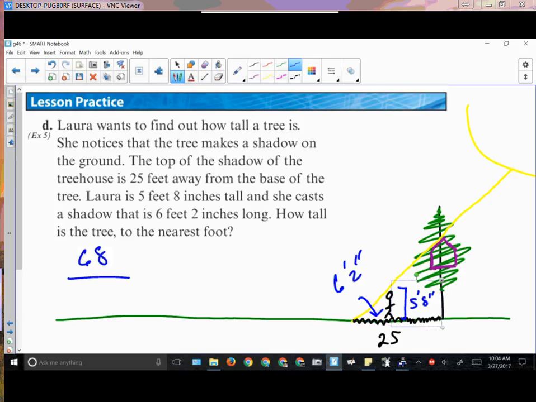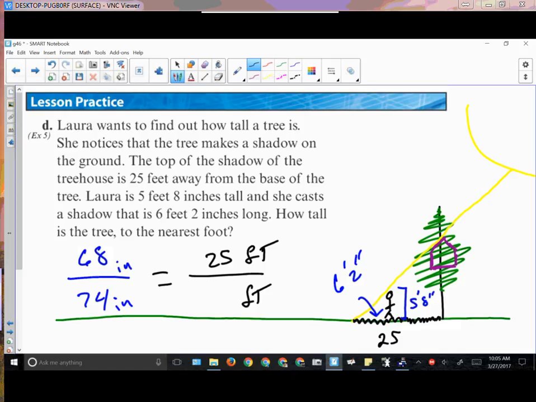Because 6 times 12 is 72 plus 2 more inches, so that would be 74. Now, mind you, this is in inches, and that's fine. We know what the ratio has to be. Now, this is going to have to be equal to whatever it is over here. So if this is 25, that would have to be feet, right? This would have to be feet down here, correct? Is that legal to do?